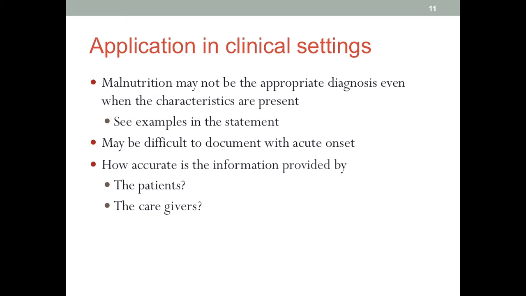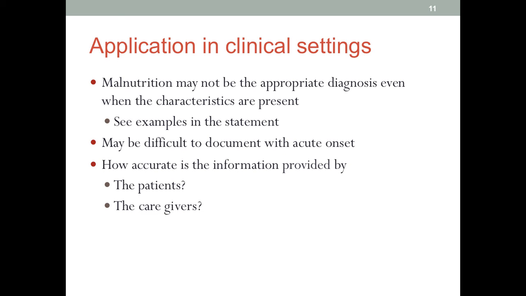This could be if the patient's condition is deteriorating and they're developing malnutrition, but at this time of the assessment, they do not have at least 2 of the positive features. So we should note that they have signs of developing these characteristics and are at risk for malnutrition and try to intervene. There are examples in the position statement, so please read these.